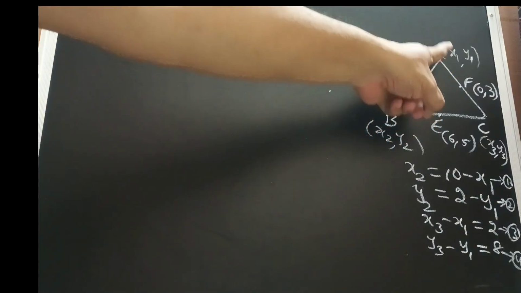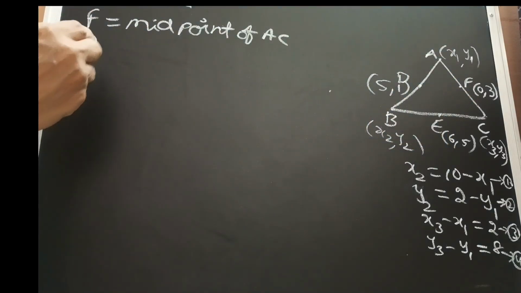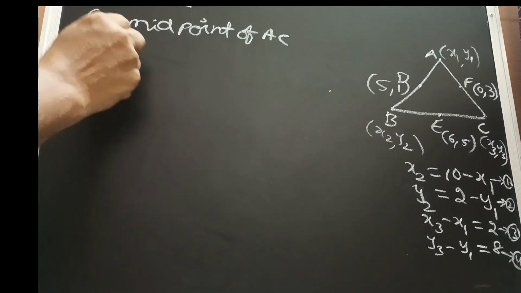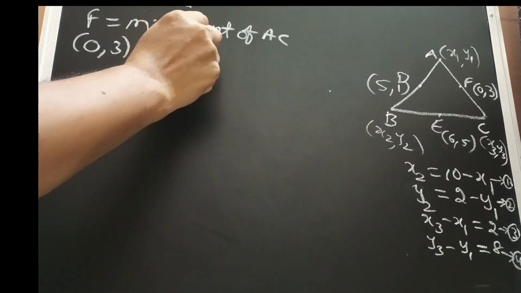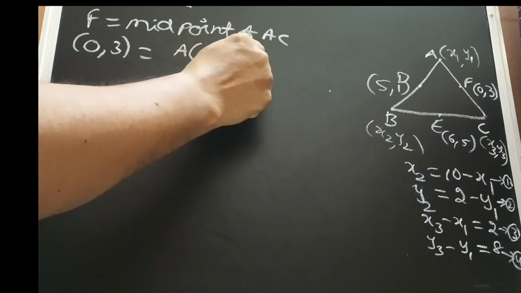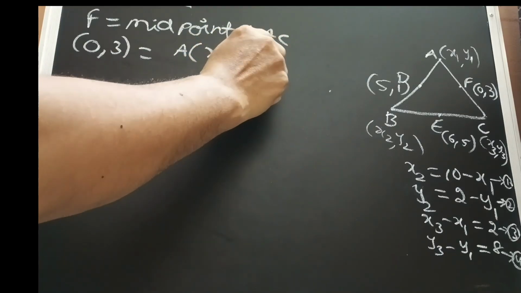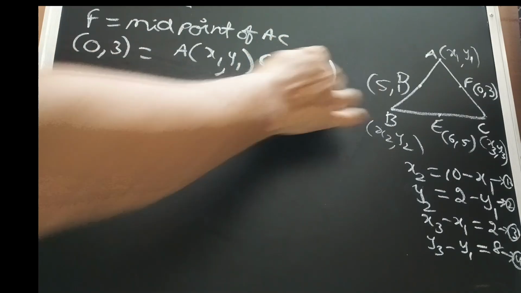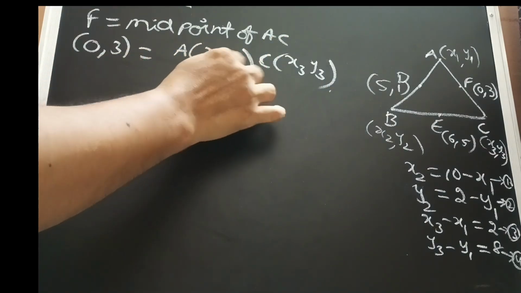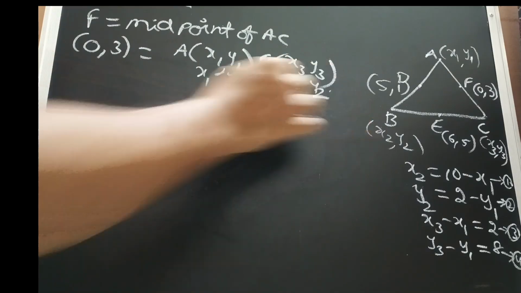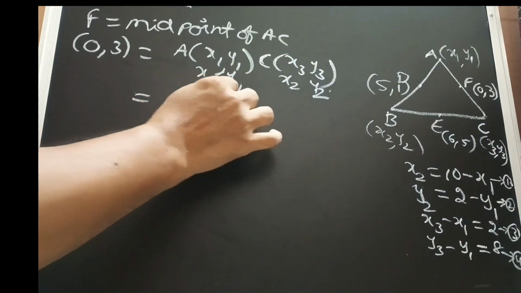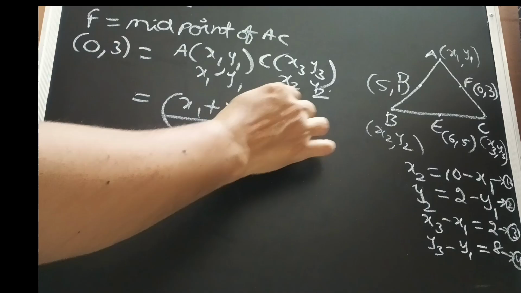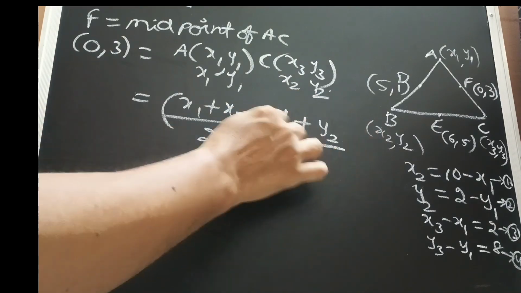So F is the midpoint of AC. F is (0, 3), and consider A as (x1, y1) and C as (x3, y3). Apply the formula (x1 plus x2) by 2, (y1 plus y2) by 2.